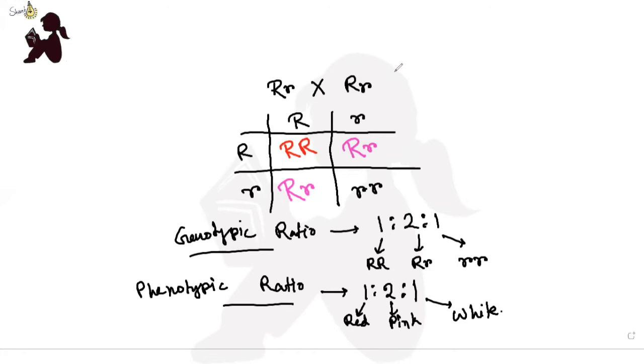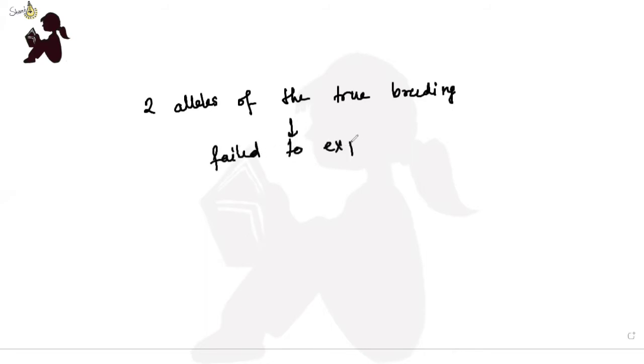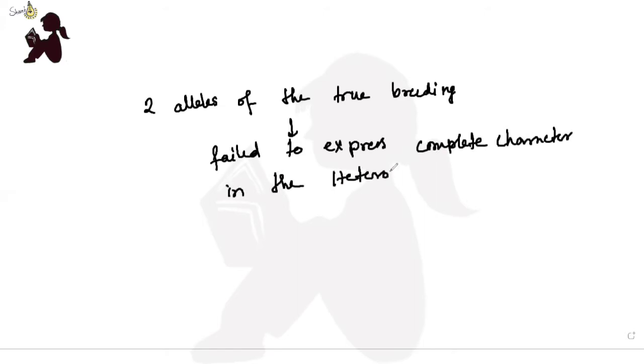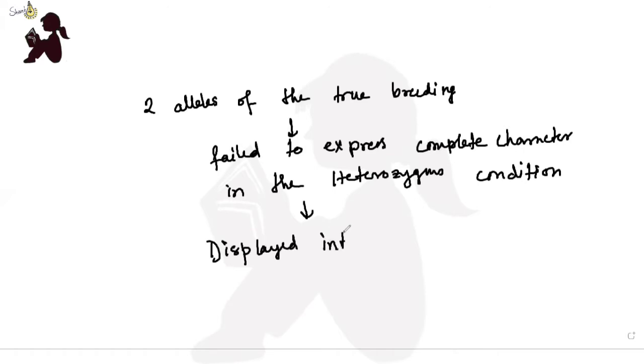So in the case of incomplete dominance, we can see that the two alleles of the true breeding failed to express their complete character in the heterozygous condition, and they produce or display a completely new intermediate expression.